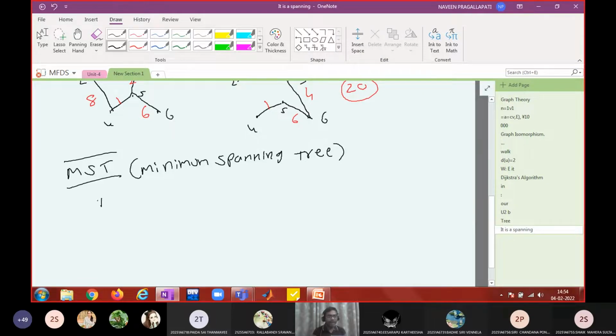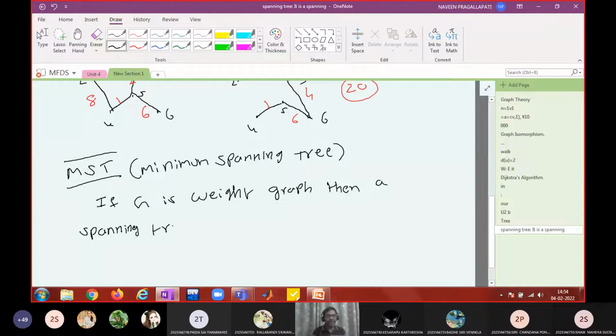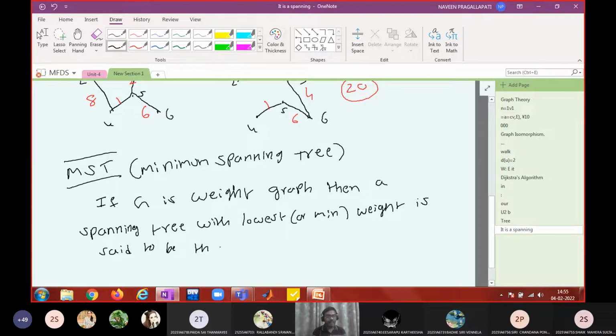If G is a weighted graph, then a spanning tree with lowest weight or minimum weight is said to be a minimum spanning tree.